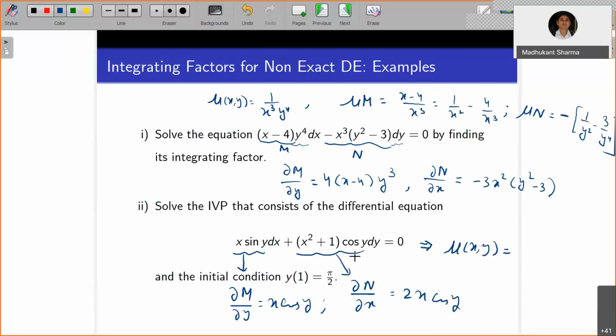So what you can do is, the dx coefficient is purely a function of y, which you can remove. And from here you can remove the function of x.